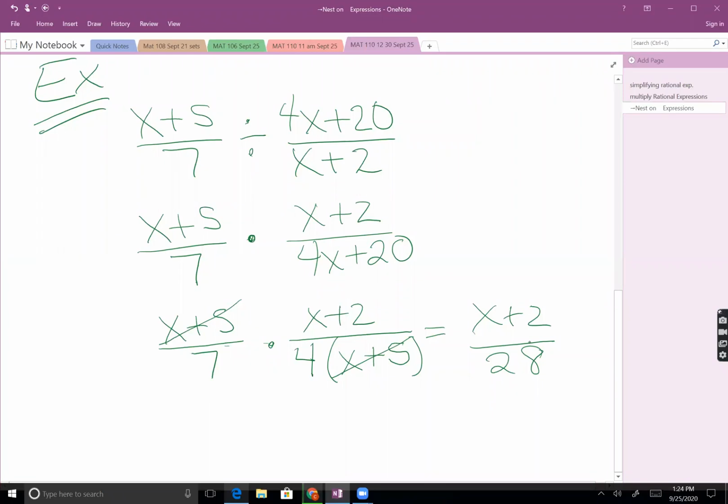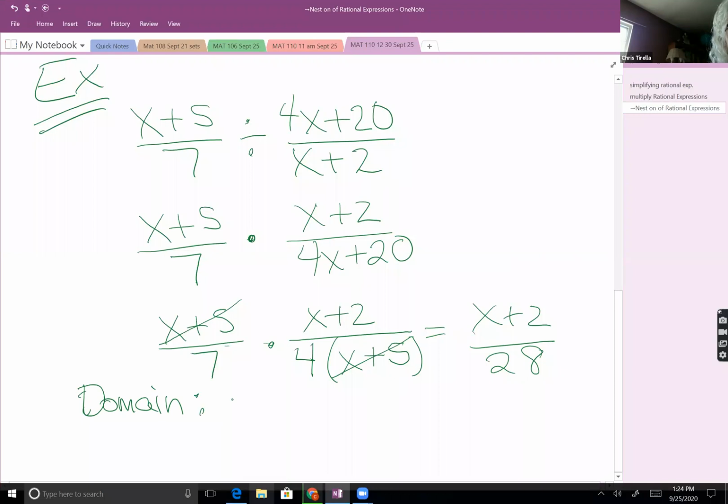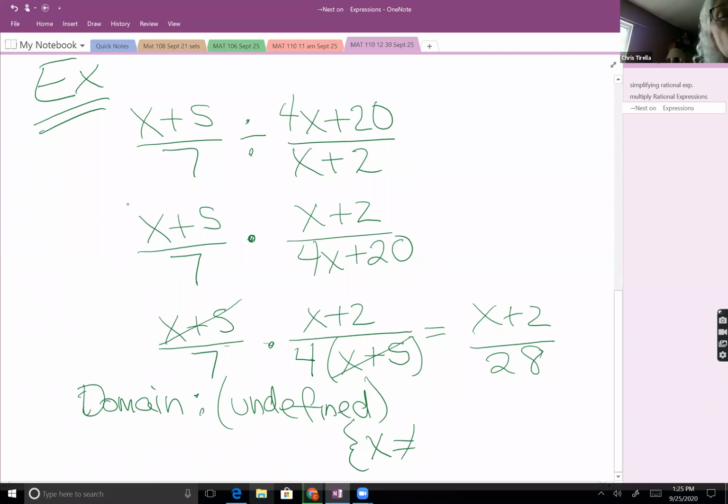What you have to be careful of with these is they're going to ask you for the domain, or if they ask you where it's undefined. It's going to be x cannot equal. And what you have to be careful of with these division problems is going to the original division problem. Neither of those denominators can be 0.